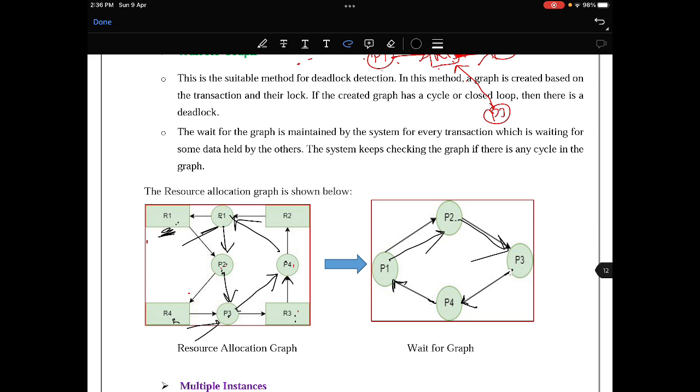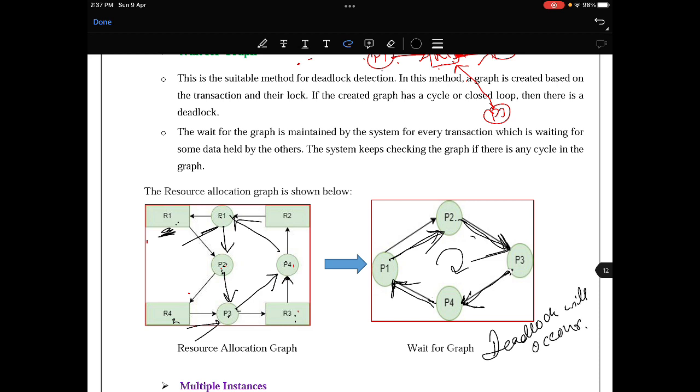In this case, we now have to see whether a cycle is formed or not. See the arrows, all clockwise, clockwise, clockwise and clockwise. If the cycle is either clockwise or anti-clockwise, meaning a cycle is formed, then deadlock will occur.